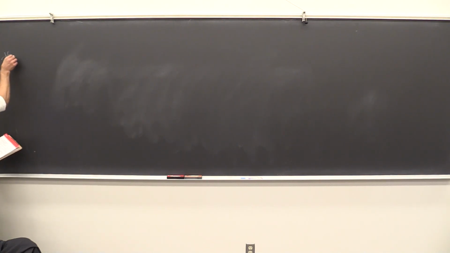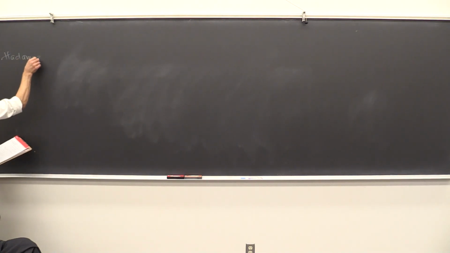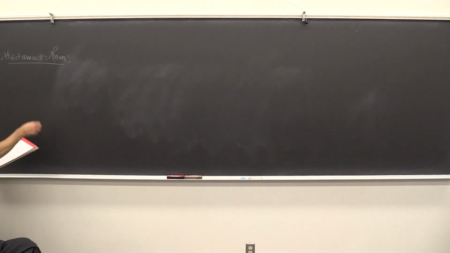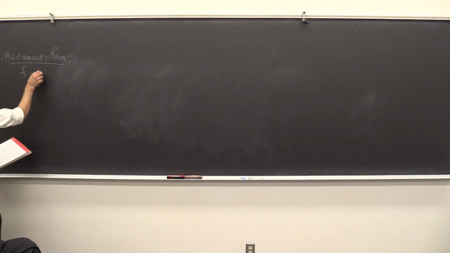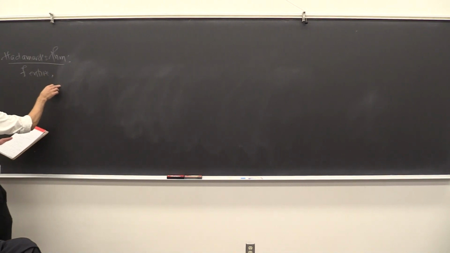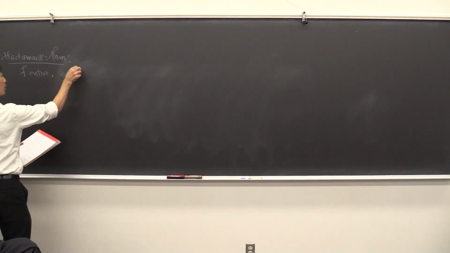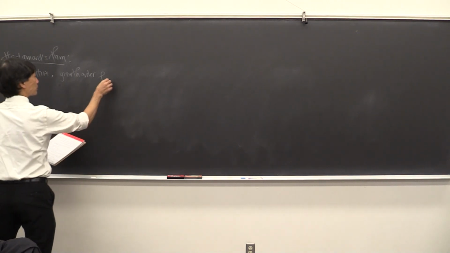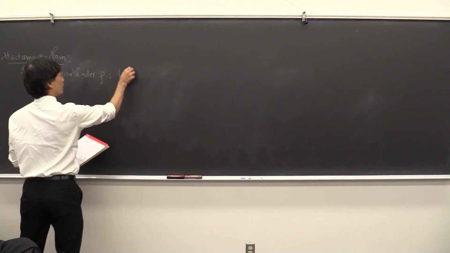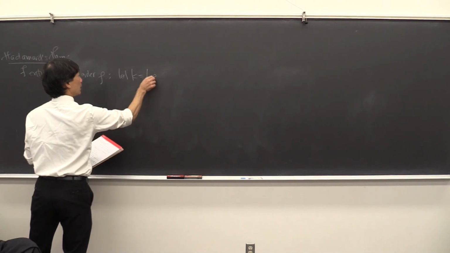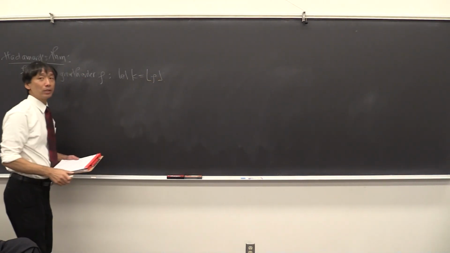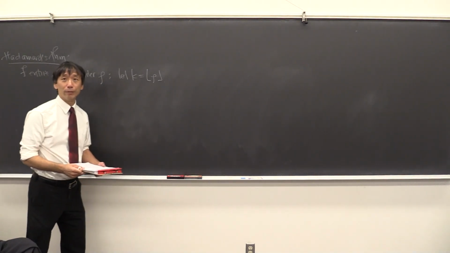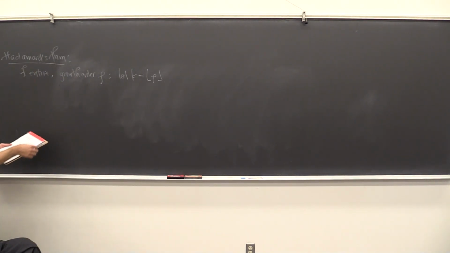So here's the statement of Hadamard's theorem. It says that if you have an entire function and it has an order of growth rho, and you let k be the largest integer smaller than or equal to rho. I think this is called the floor of rho, if you know that term.